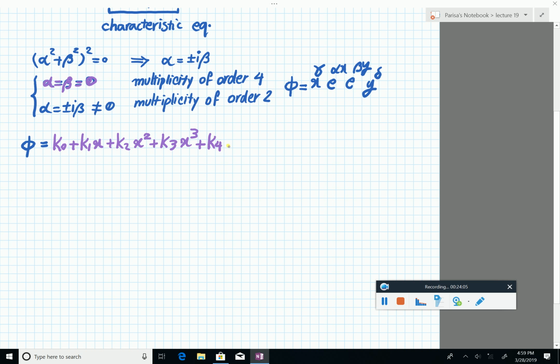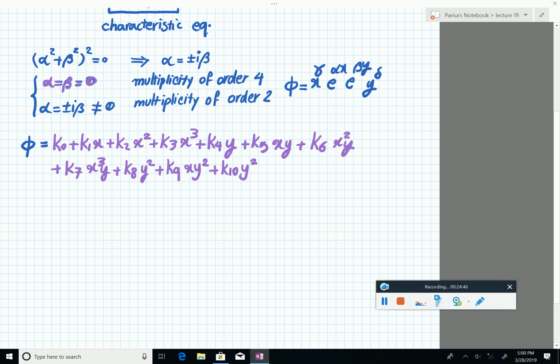Plus k4 y plus k5 xy plus k6 x squared y plus k7 x cubed y plus k8 y squared plus k9 x y squared plus k10 y squared, is it y squared 2 times?